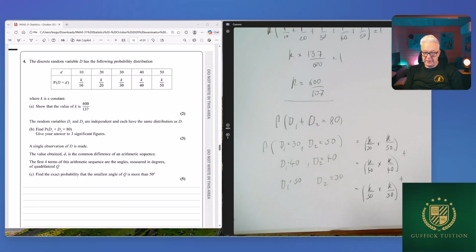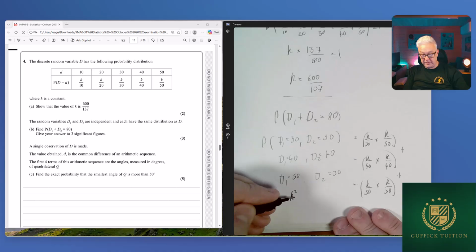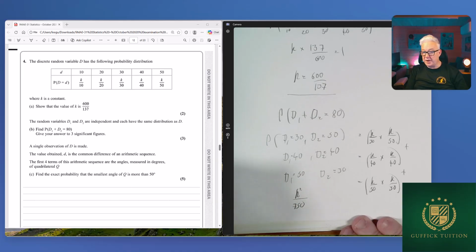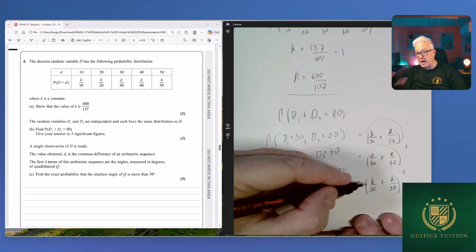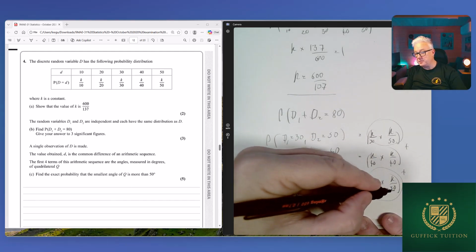So we're going to have 1 over 30 times 1 over 50, which is 1 over 1,500. We times that by 2 because we're adding it together, so the answer is k squared over 750. That k squared over 750 has come from that one add that one, because it's k times k over that times that.